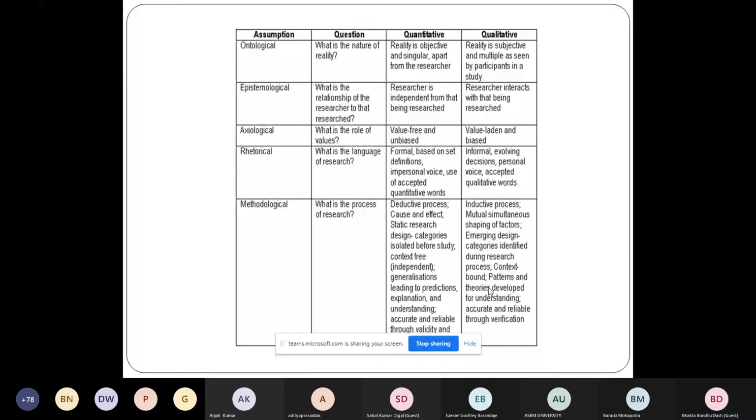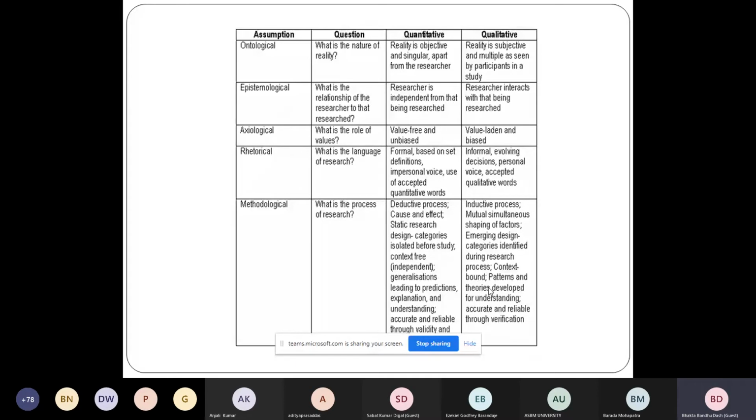is basically your methodological aspect. That means it talks about the process of research. Whenever you are talking about quantitative research, ultimately it talks about the deductive process, the cause and effect process, the static process, the research design approach.